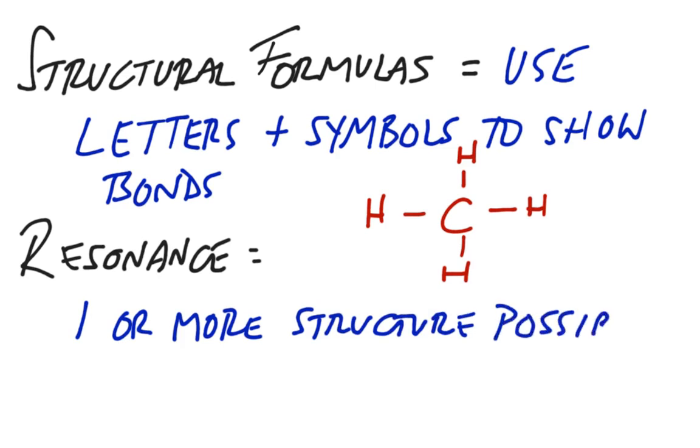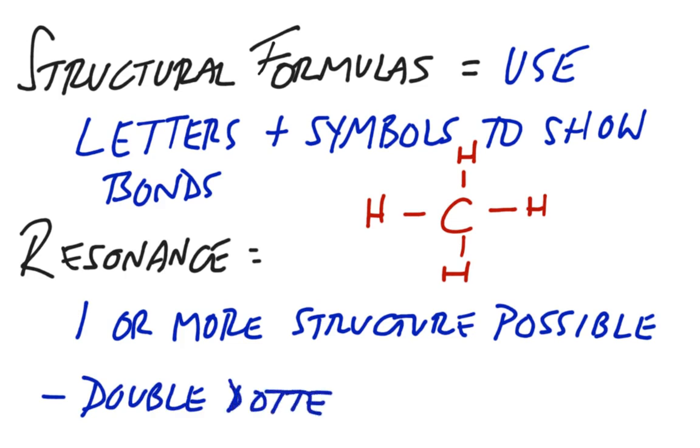Ultimately, what ends up happening with these resonance structures is that if more than one thing is available and can work, they actually both do work at the same time. And they will simultaneously flip back and forth between the different shapes or the different resonance structures. To show that, we use a double dotted line. And I will show that on the next slide.